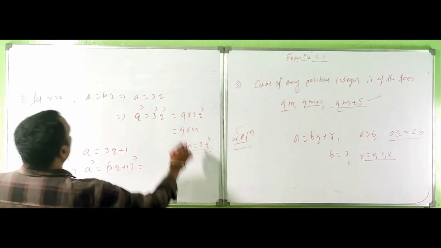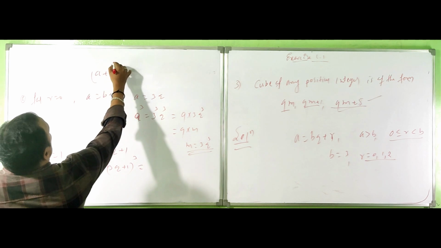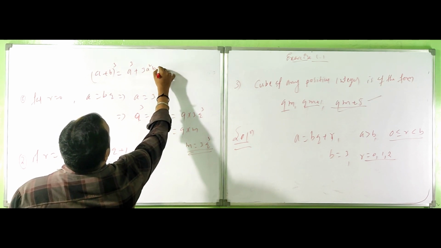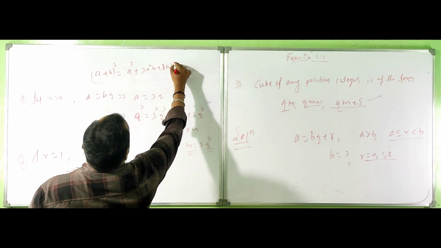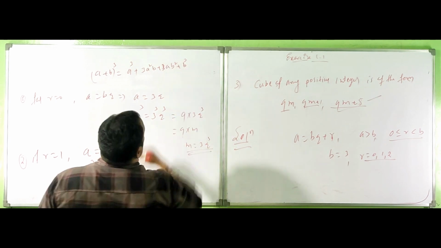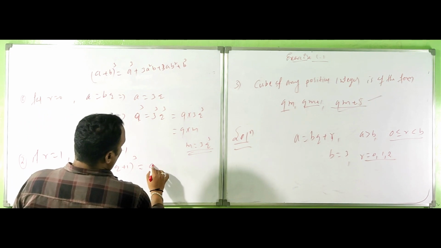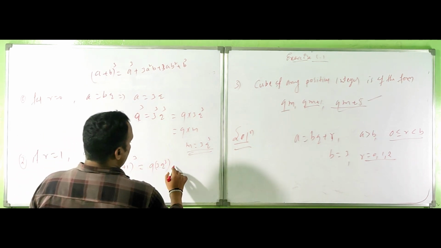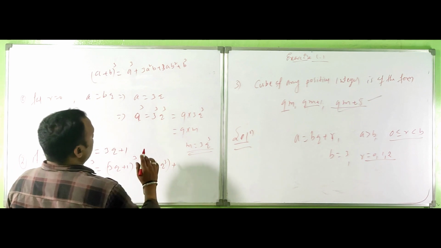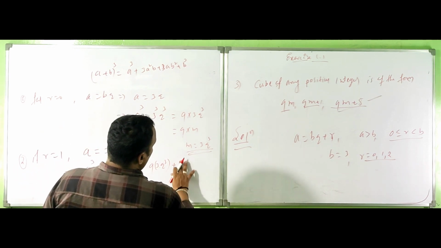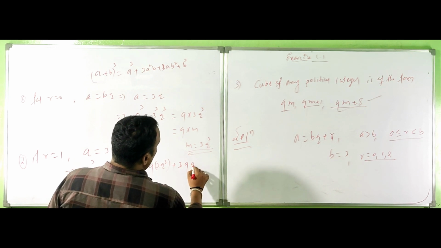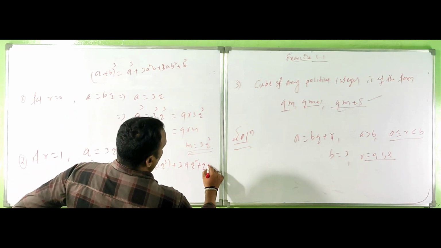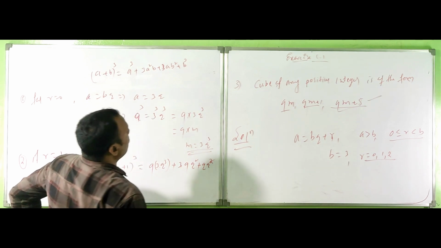This is equal to, what is the formula, (a plus b) whole cube is equal to a cube plus 3a square b plus 3ab square plus b cube, right? 3 square into b means you can write 9 into 3 q cube, right, plus 3 into 3 q square, that is 9 q square, plus 1.